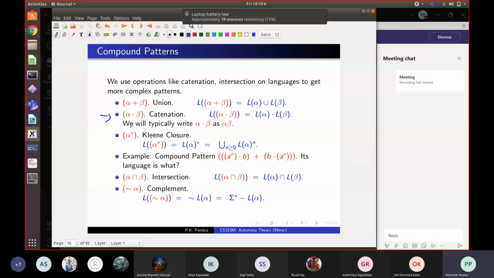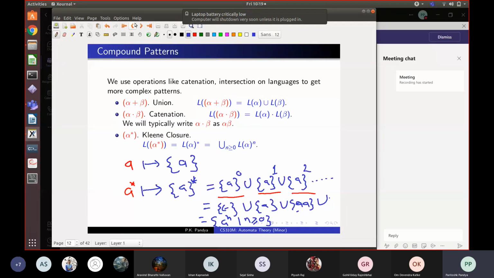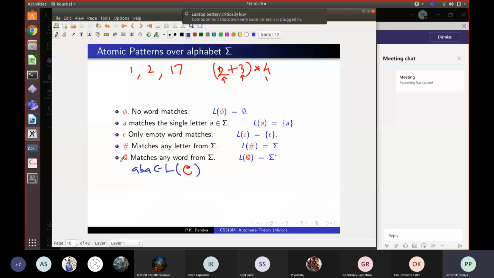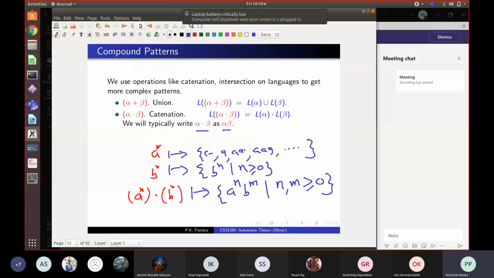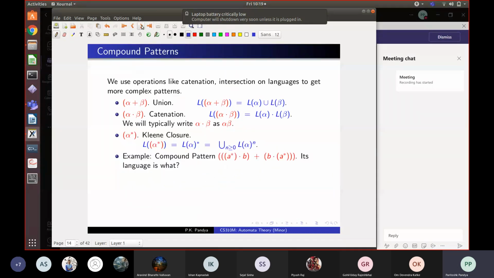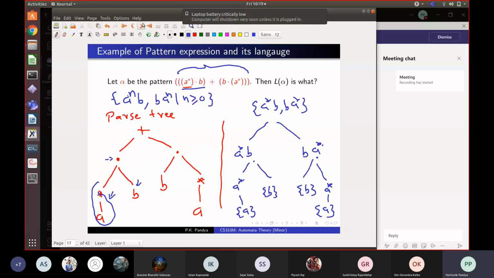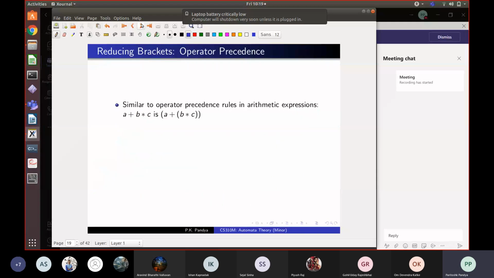So we've got five composition operators: plus, dot, star, intersection, and tilde, and we have 5 atomic patterns, and that defines the language of pattern expressions. For pattern expressions, we know how to evaluate them. Here I'm trying to reduce the brackets.